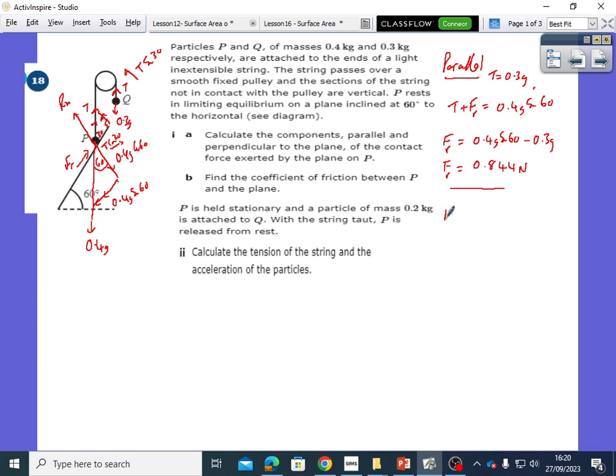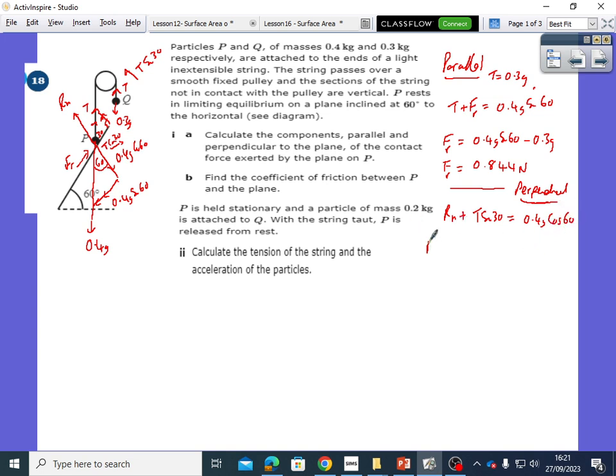Okay, and what's happening perpendicular? We've got Rn going up, so these are perpendicular now, and that will be Rn going up plus this tension going up on the slope, so that's going to be T sine 30, and that's balancing with what's going down, which is 0.4 g cos 60.